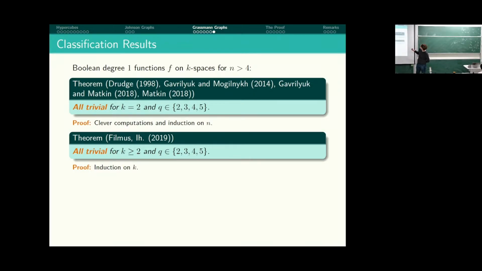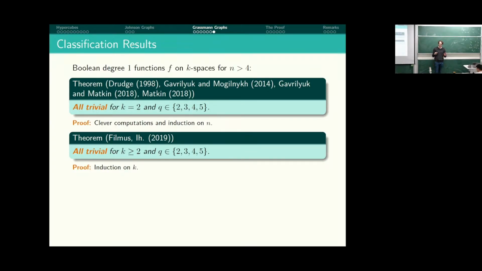Now, if we have Boolean degree 1 functions on k spaces for n larger than 4 and k equals 2, then we have solved all the cases up to q equals 5. How did all these proofs go?